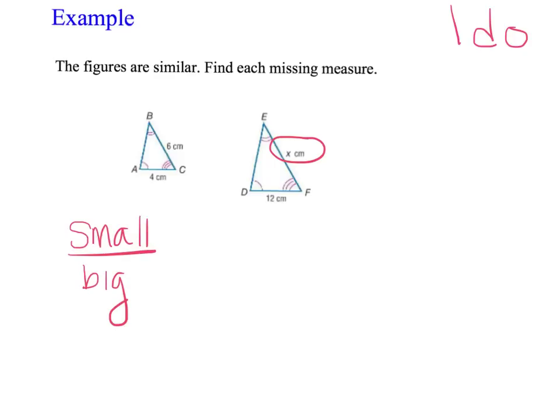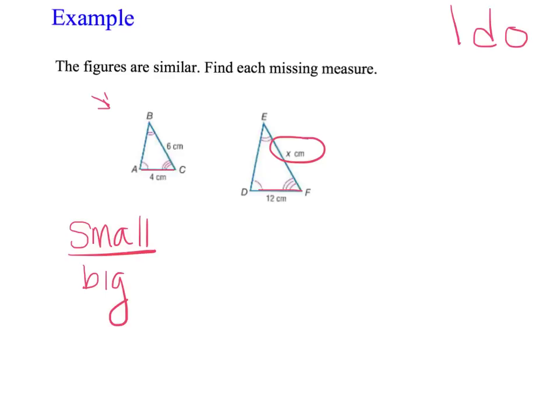Okay, so let's look at this small triangle here of ABC. Now, this side here, AC, is corresponding to this side DF. If you can see the angle of A, it has one arc, and the angle of C has 3 arcs.